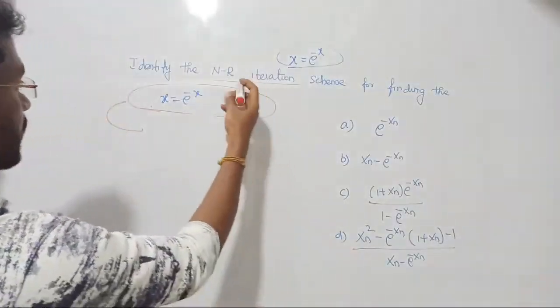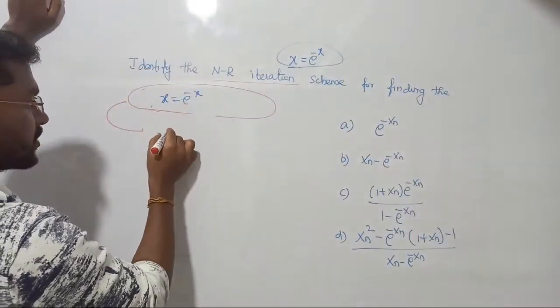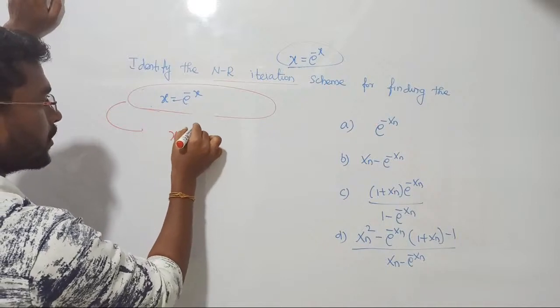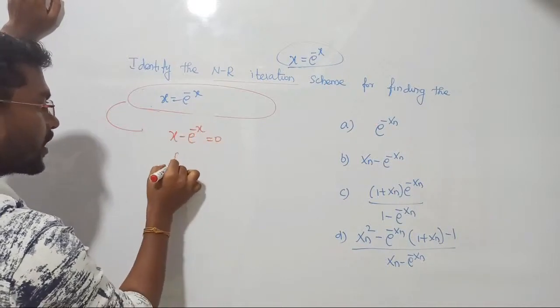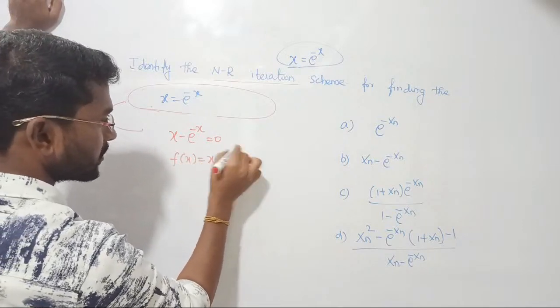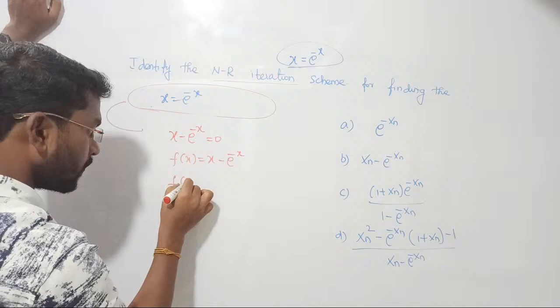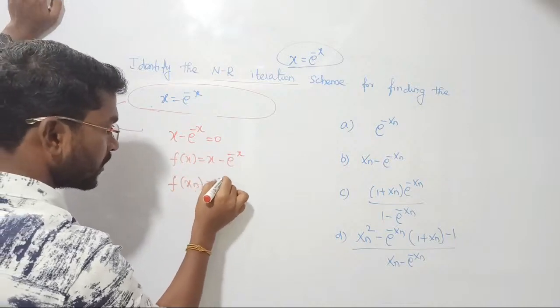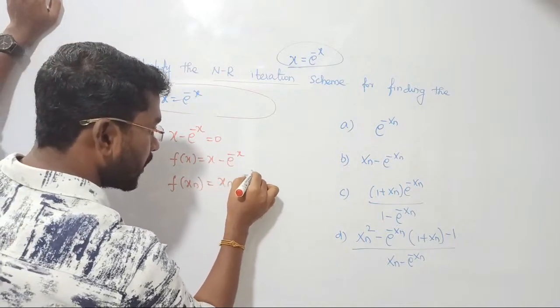Yes. See, once again, this is the given function. We can write x minus e power minus x equal to 0. Or we can say the function f of x can be considered as x minus e power minus x. We can consider f of xn can be written as xn minus e power minus xn.